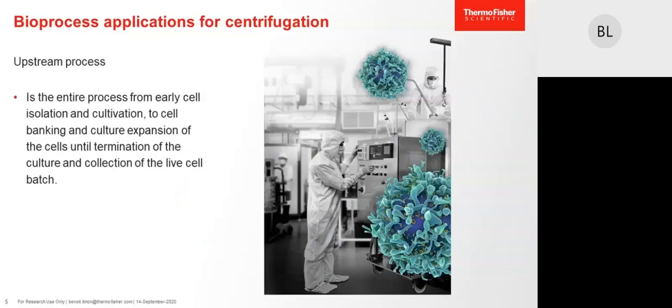The upstream process is to grow the cells and make the cells produce the product of interest. Depending on the application, the product of interest may be intracellular or extracellular. The cells grow in a culture media. So sometimes the product of interest may be kept inside the cells, or sometimes the cell may release the product of interest outside in the culture media. The centrifuges are mainly not used during this expansion upstream process.